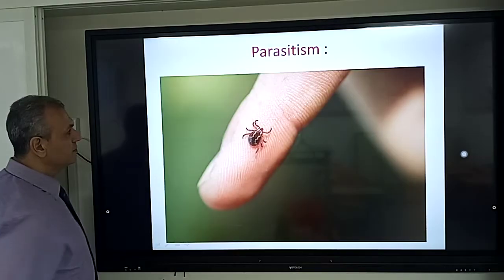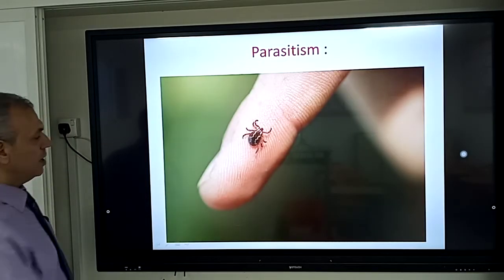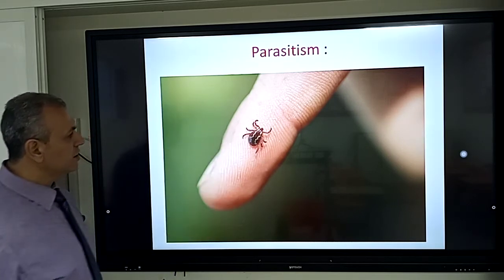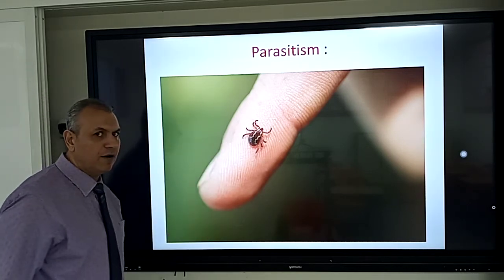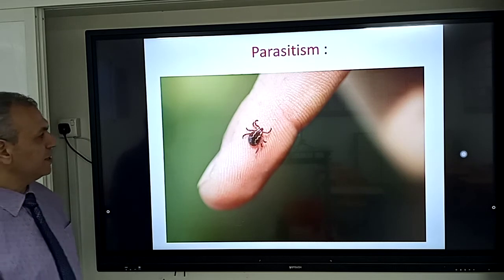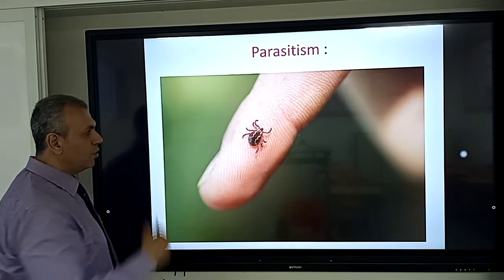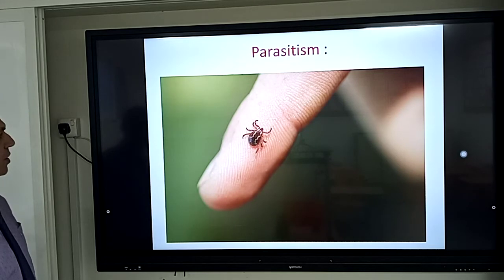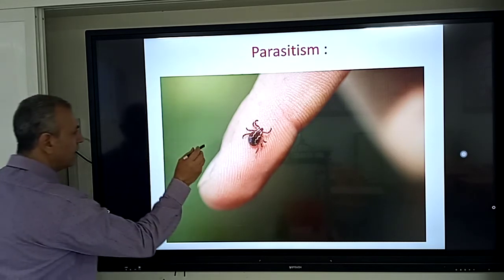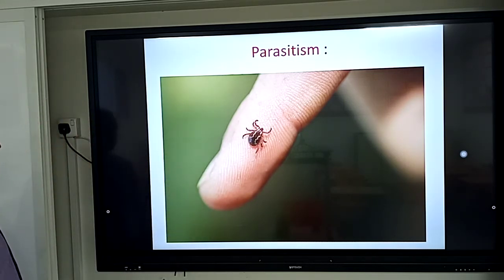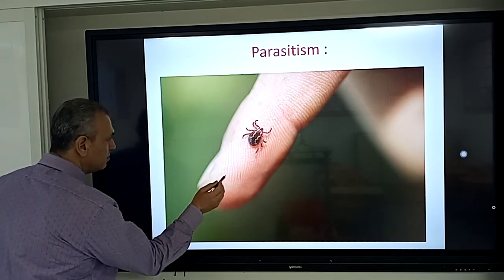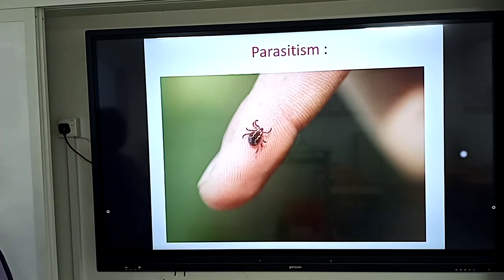But notice, look at this. This insect lives on the skin of people or animals. They take in blood from the body, and can cause much harm or disease for the organisms they live on or inside.